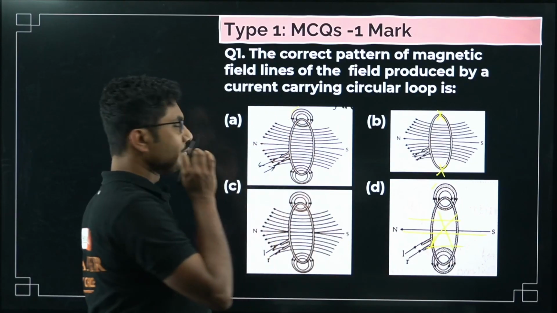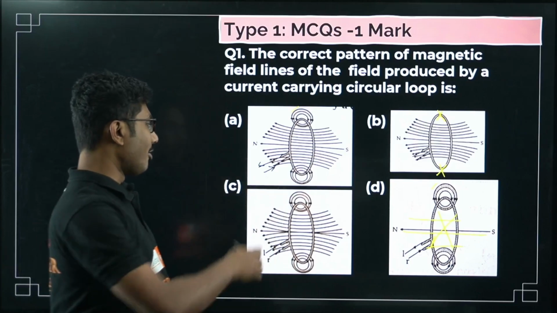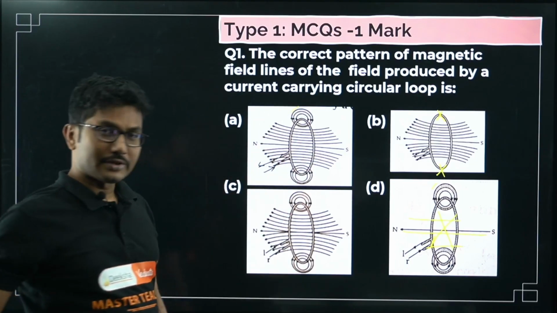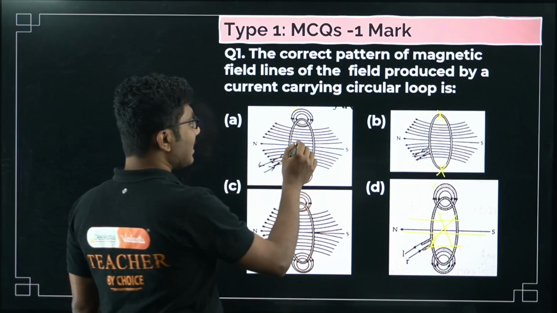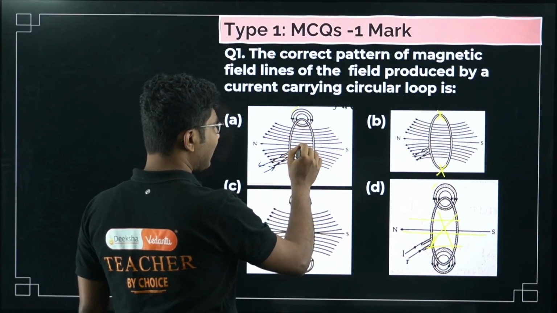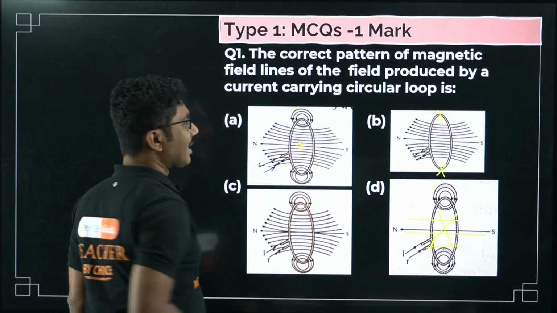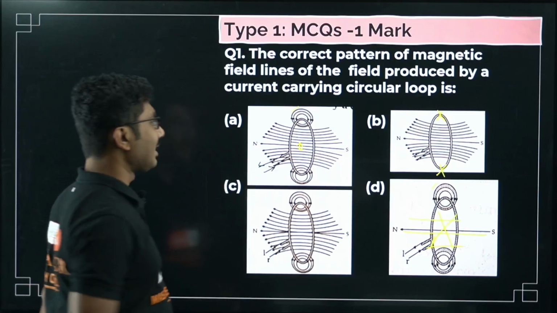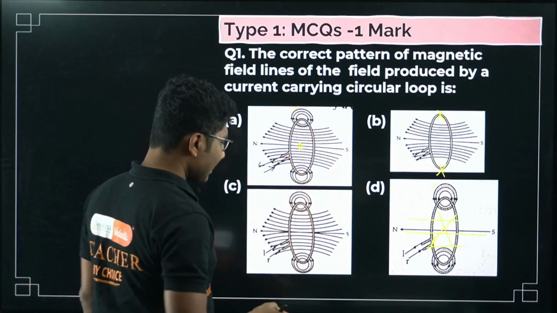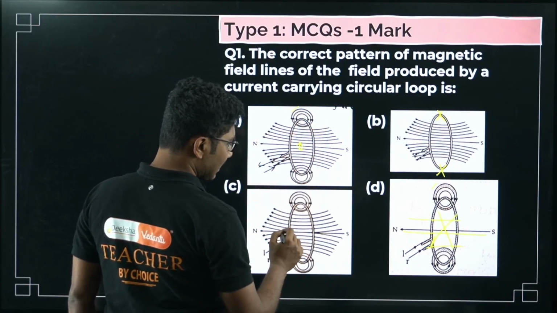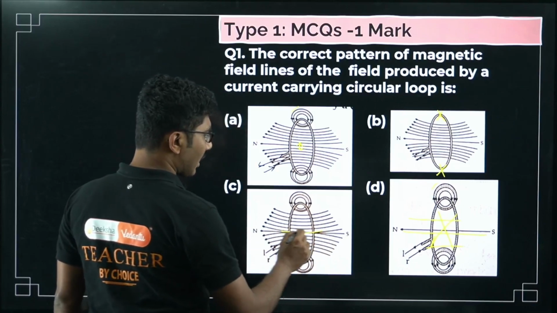So out of these two, which one is correct, we have to see. All the directions of the arrows are in the same direction. The only difference is that here we have a clear gap between the central line and all the other lines. Here, in this region, all the lines are overlapping.